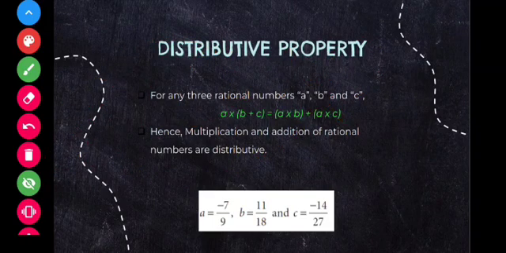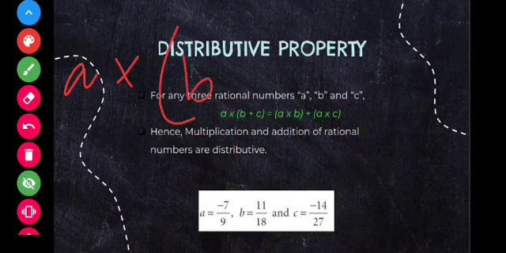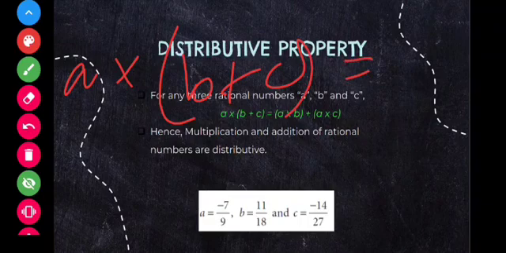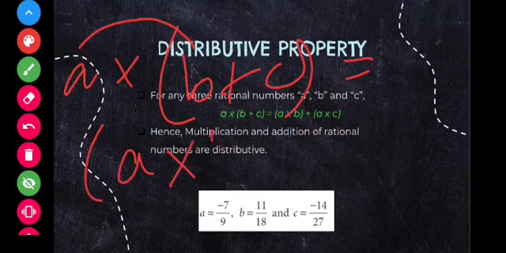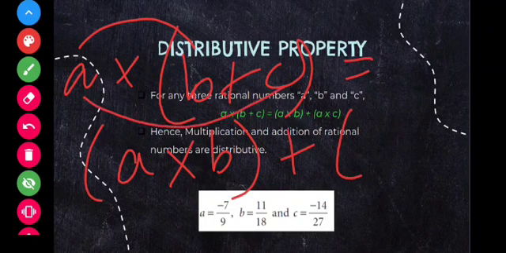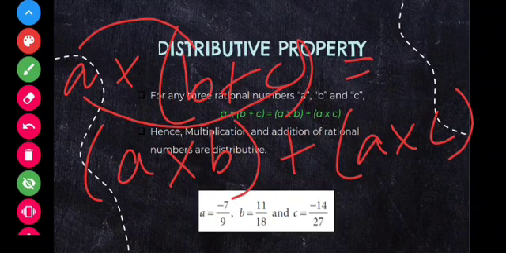I'll write in a better form: a into b plus c, which will give you, first we'll write a into b, then we'll put the positive sign, then we'll distribute a into c. This is how you distribute a inside the bracket.